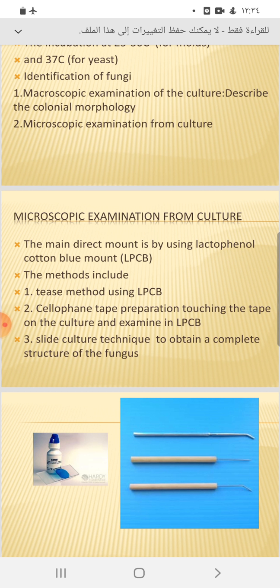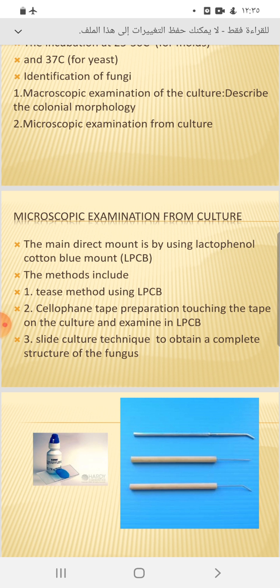The first is the direct mount using lactophenol cotton blue stain. This method includes taking a part of the colony and teasing it over a slide, putting a drop of lactophenol cotton blue, and then putting a cover slip and examining under the microscope. The second method is by using a cellophane tape.